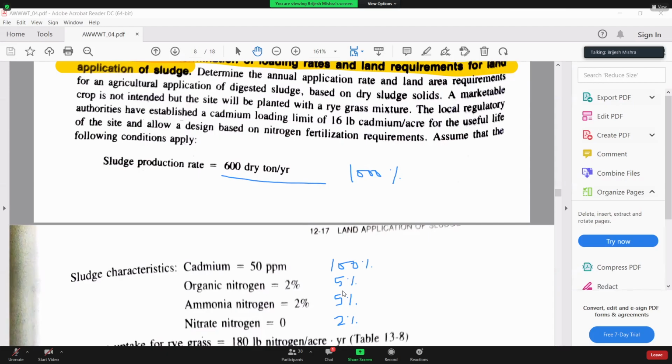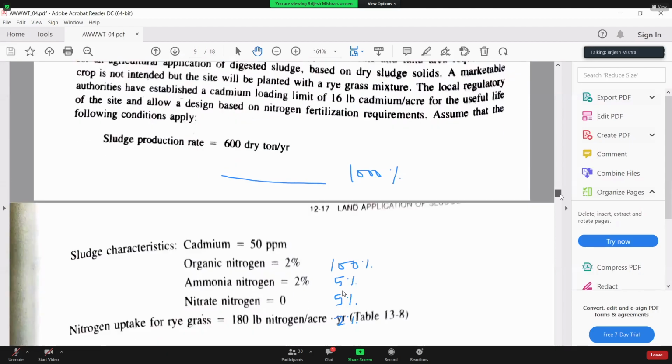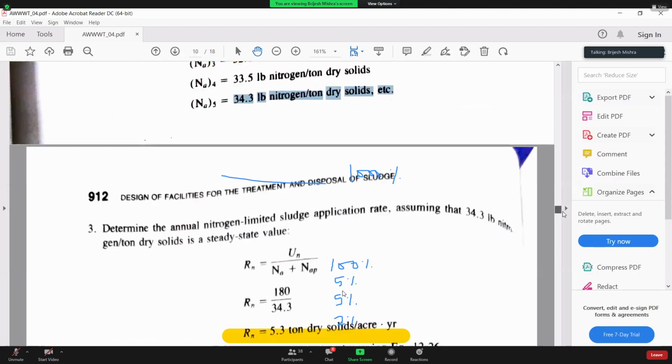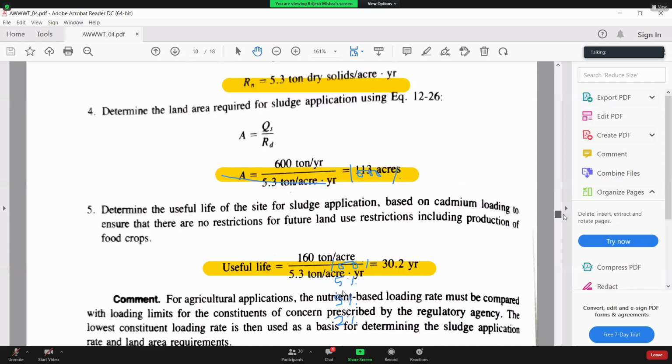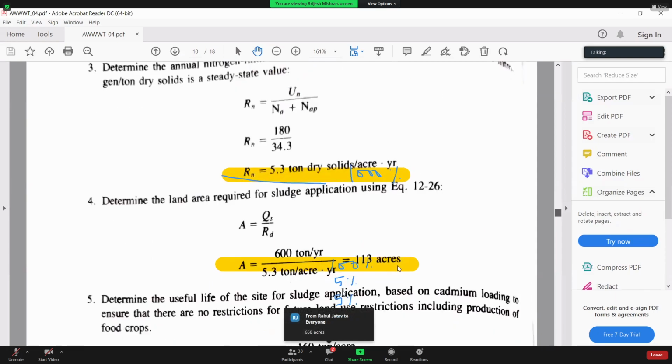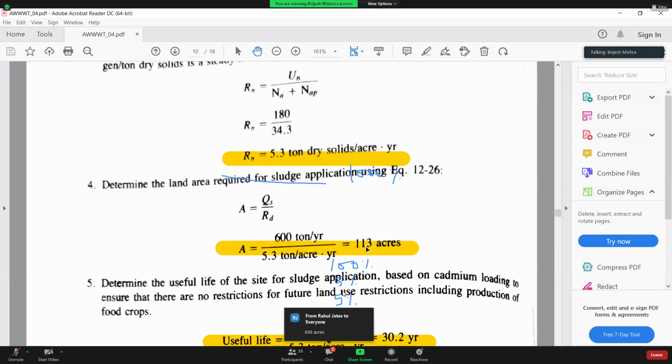Who is the first one? Ankit Das. Okay, just wait. Now I'm waiting for others. Your area is 433 and useful life... Rahul, 658 acre.